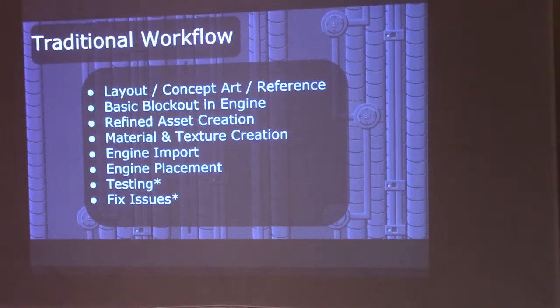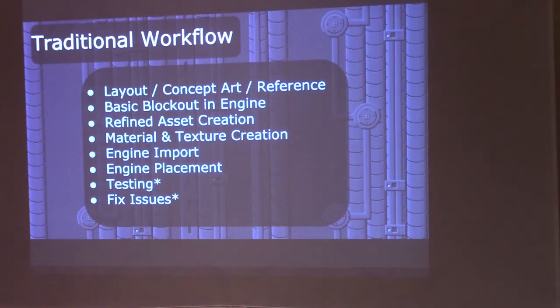And once your basic block out is done, you start making refined assets, such as better walls, better materials, all of your placement objects. And then you start putting that into your engine, import it in, place it in.